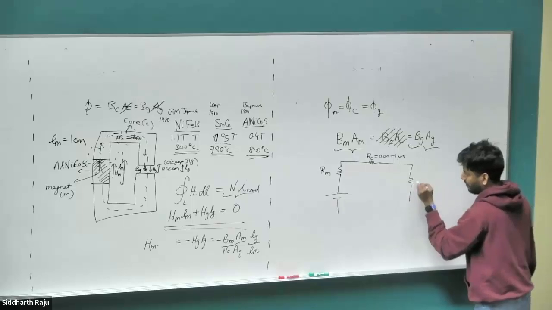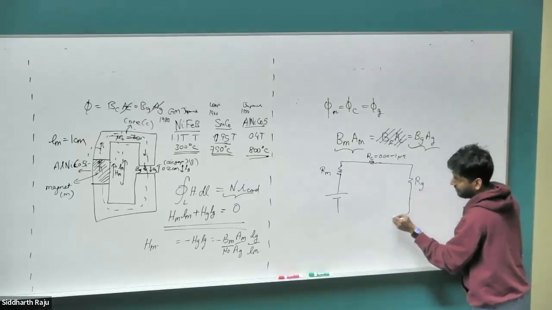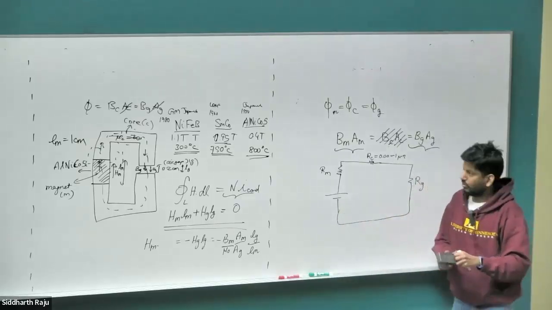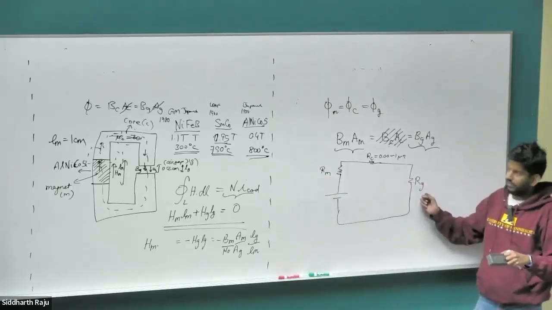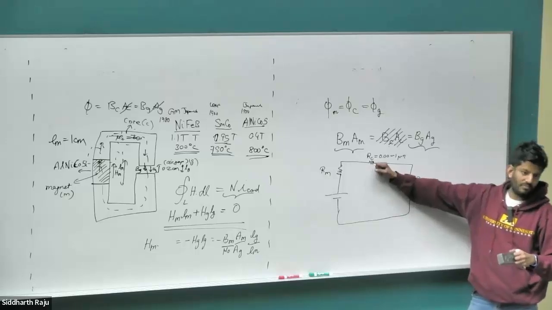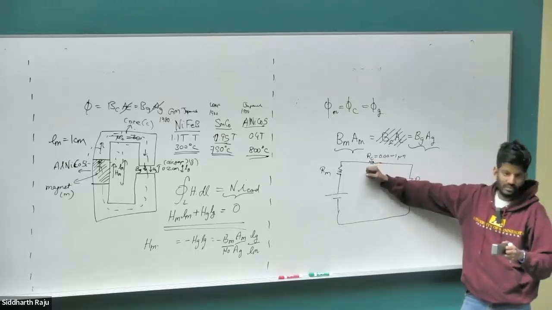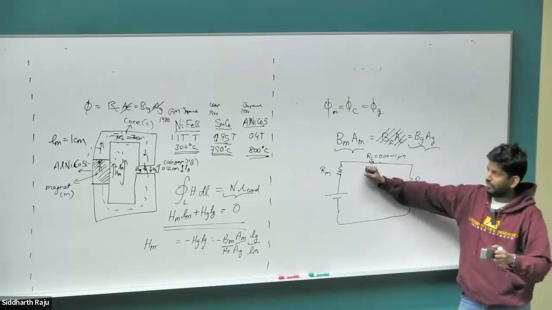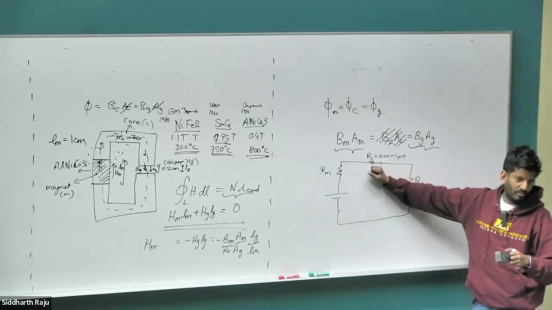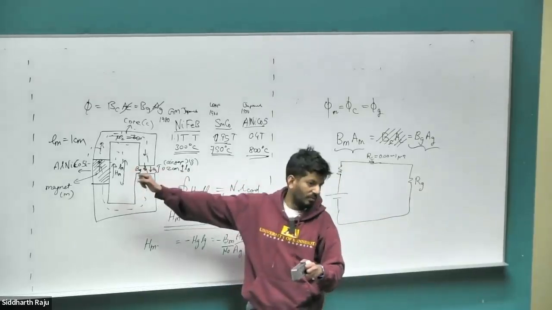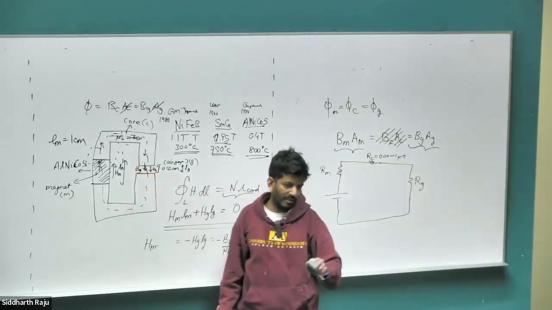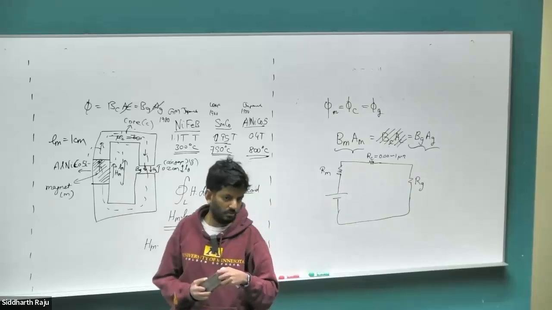And then I have some load resistance, which is represented by Rg. If this value is very small compared to both Rm and Rg, then I can ignore it, since it's not going to impact my flux or the current in any way. The same thing happens here. In that case, we are assuming copper has infinite conductivity. In this case, we are assuming that the core has infinite permeability, so it's not going to drop any amount. Any questions?